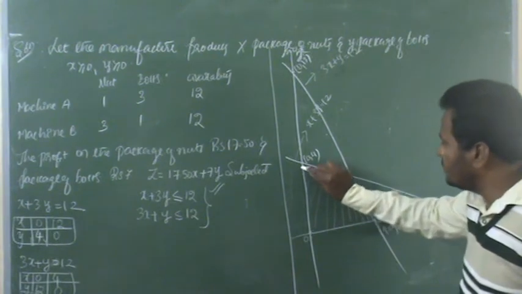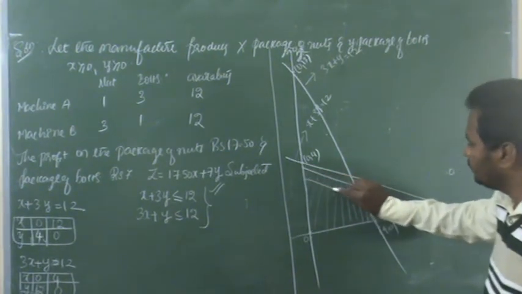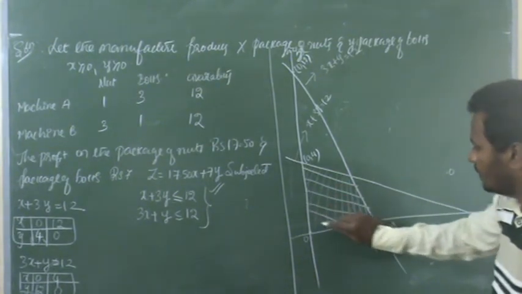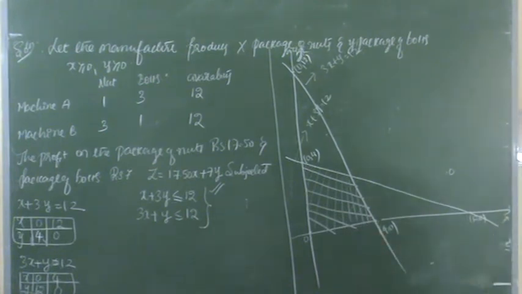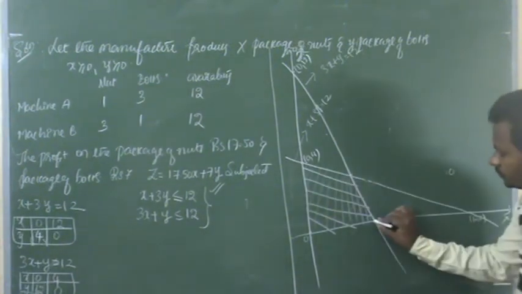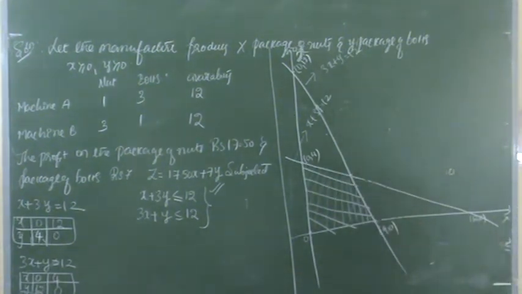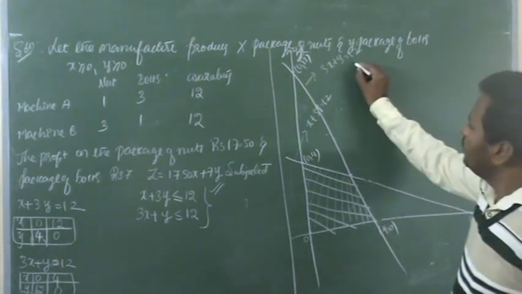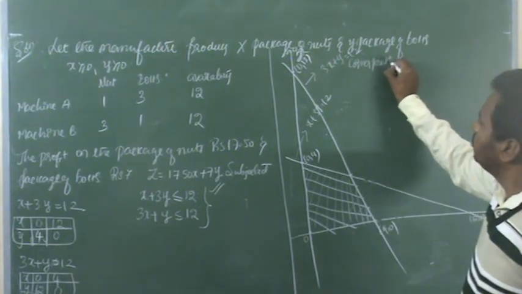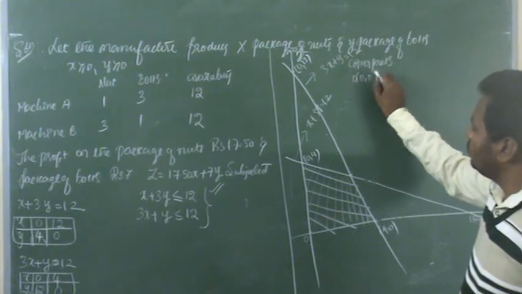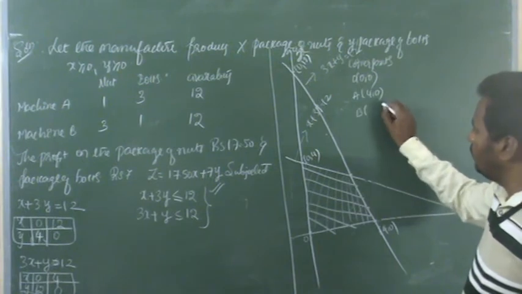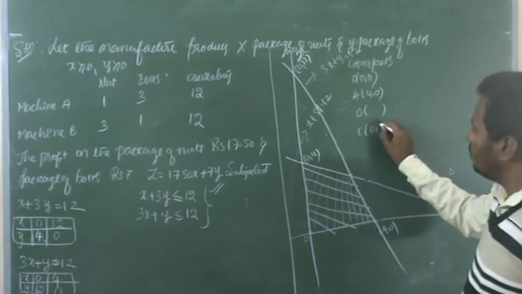This is the shaded region, the feasible region. Now we have four corner points: the origin (0, 0), point A (4, 0), point B which we don't know yet, and point C (0, 4).